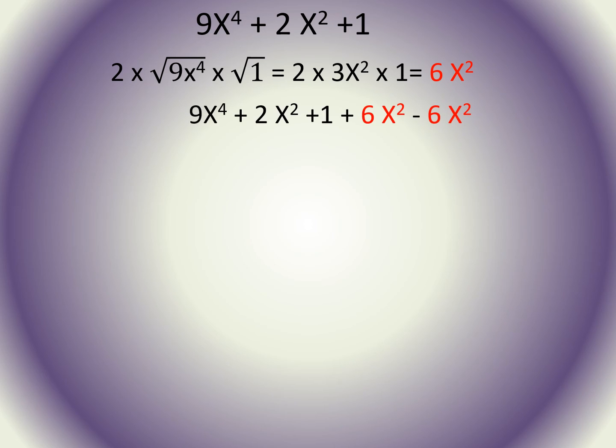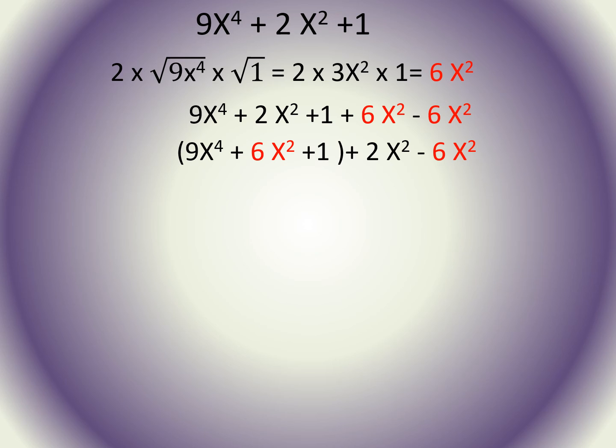By using commutative and associative, we will write this expression in the form of a perfect square trinomial minus a perfect square monomial. Let's see it. We will take positive 6x power 2 and replace it by 2x power 2. Then it will be 9x power 4 plus 6x power 2 plus 1, and out of the bracket will be plus 2x power 2 minus 6x power 2.